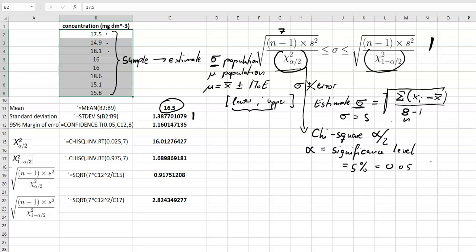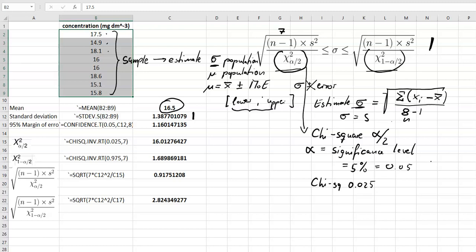So what we need to do is find the chi-square value for an error level of 0.025. That is this one here.